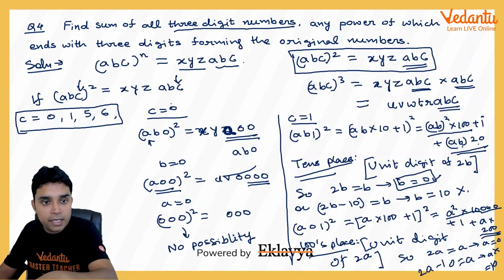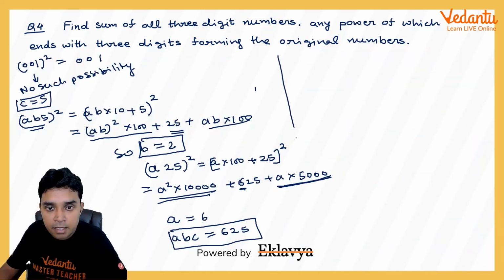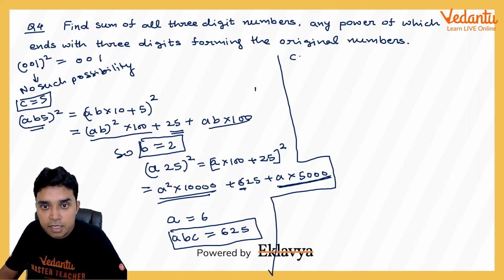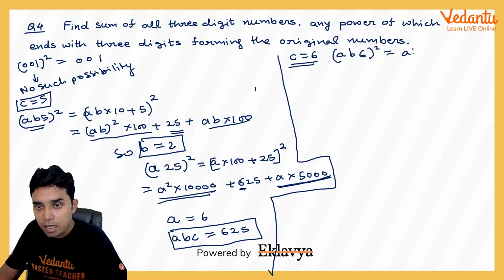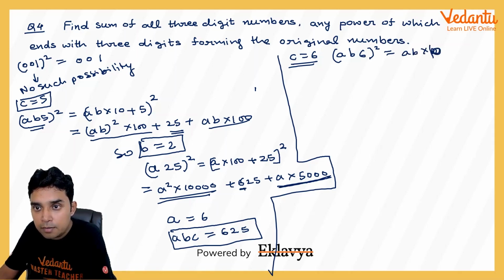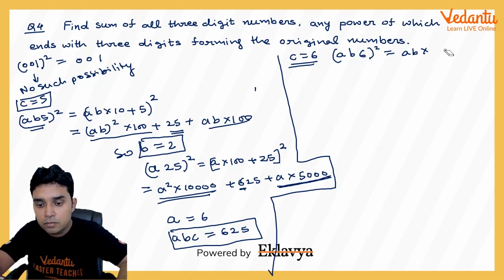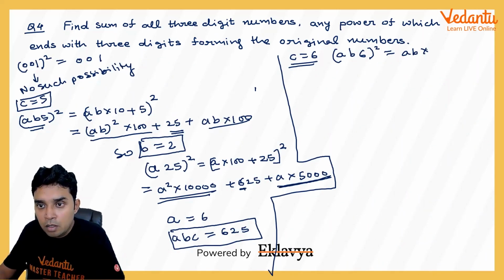Now there was one more case, when C is 6. Okay, let us see if we get one more or a few more solutions here or not. So if C is equal to 6, then my number will be AB6. And if I do the squaring of this, we can write this as AB into 10 plus 6 whole square.